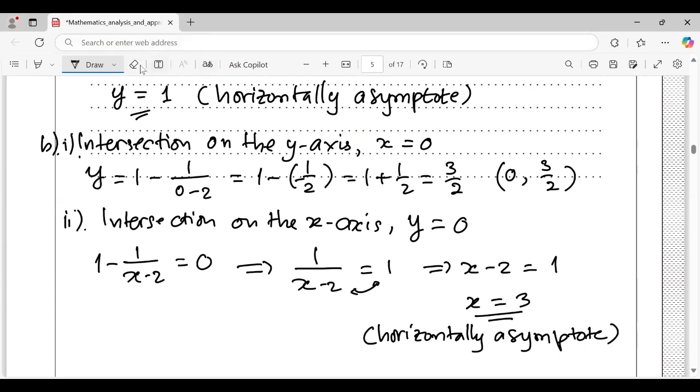This is the wrong description. This is the coordinate point: (3, 0), (x, y), (3, 0). This one. The intersection on the x-axis is (3, 0).